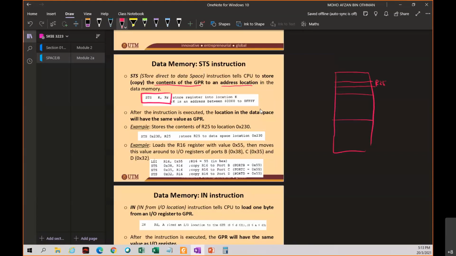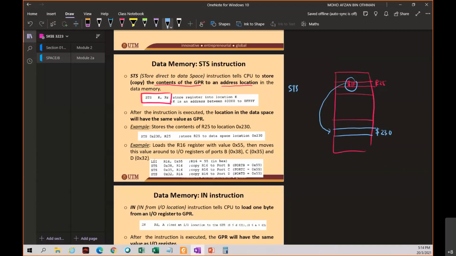Okay, contohlah dalam R25 ni ada value 1F. Okay, so now I'm going to save this value inside of my RAM dekat alamat 230. So how to do that? Macam mana kita nak buat?